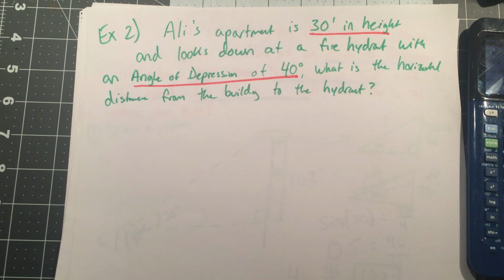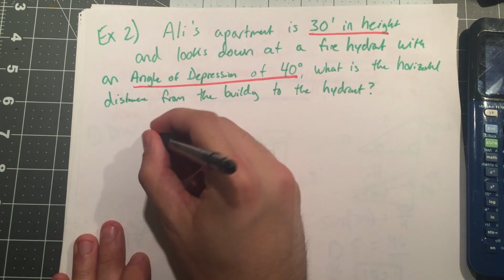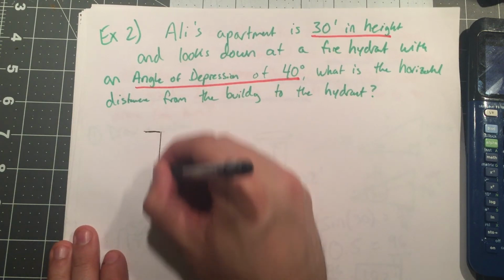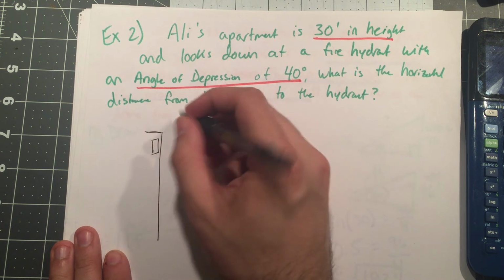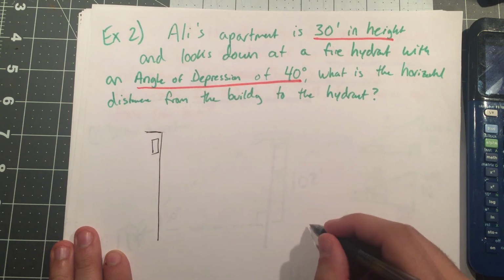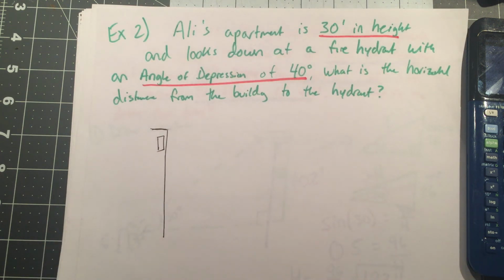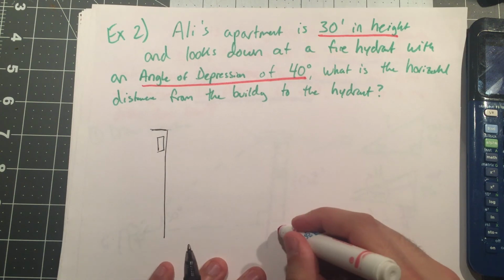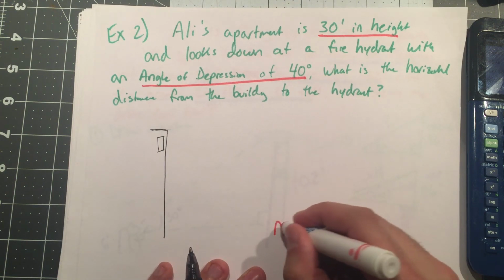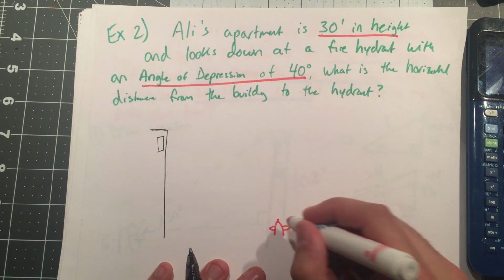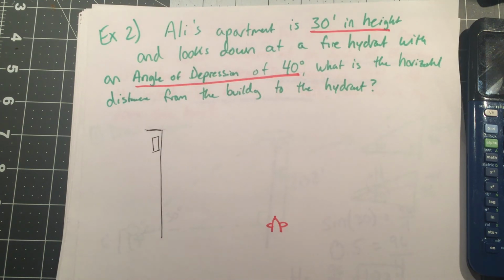We will draw a picture to sort of see what this looks like as best we can. I'm going to draw a very simple building, draw a little window over here, and draw a fire hydrant. I'll draw a red one just because thematically they normally are red. Okay.